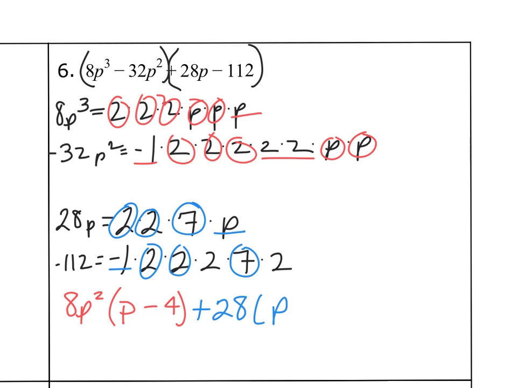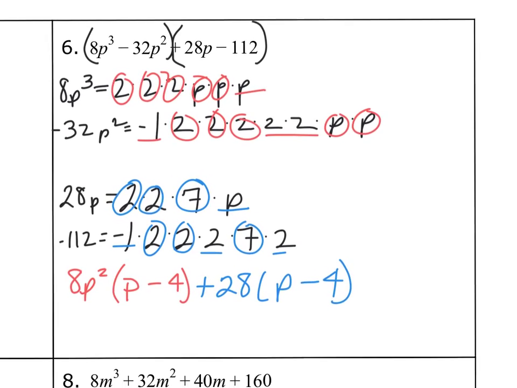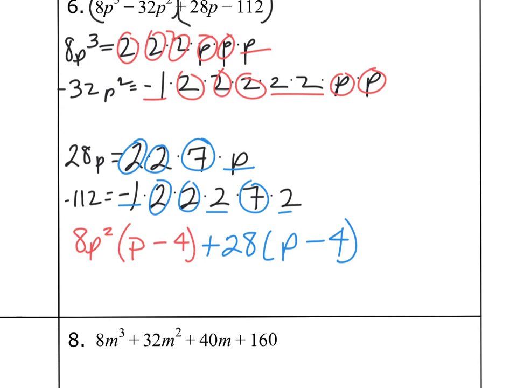P minus 4, right? So now can I factor that further? Yes. So we've got a matching binomial, so p minus 4 is one factor. And then I've got 8p squared plus 28.